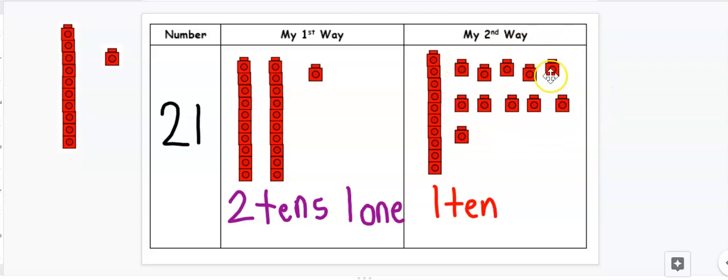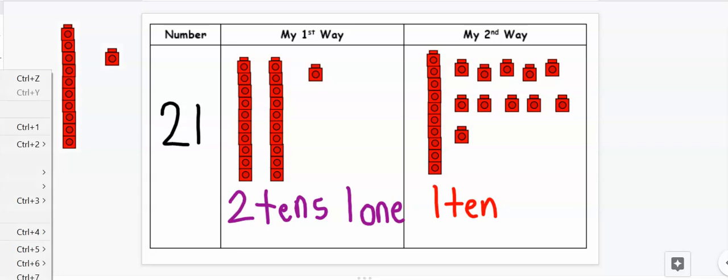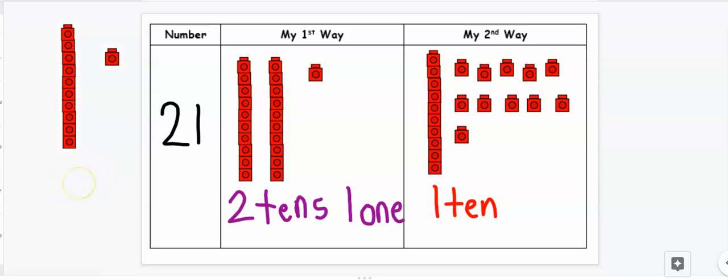See, I have 5 on this row and 5 on that row. So that makes 10, and one more is 11. So let me get my pen. So I have 11 1s.